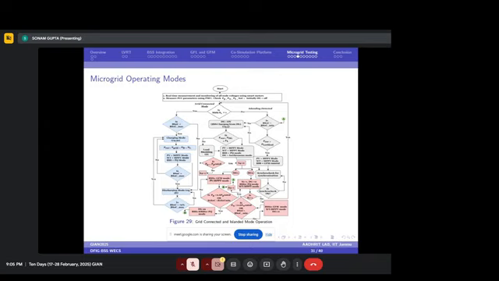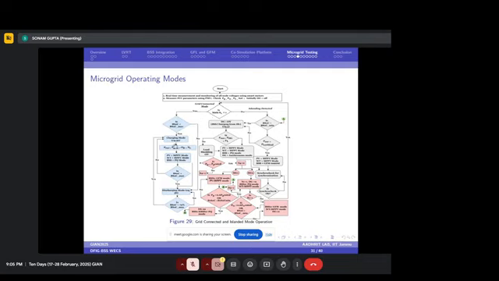On the basis of that, these modes are decided, like whether the microgrid is working in cluster form or as a single microgrid, and what will happen at the time of grid connection and grid disconnection.